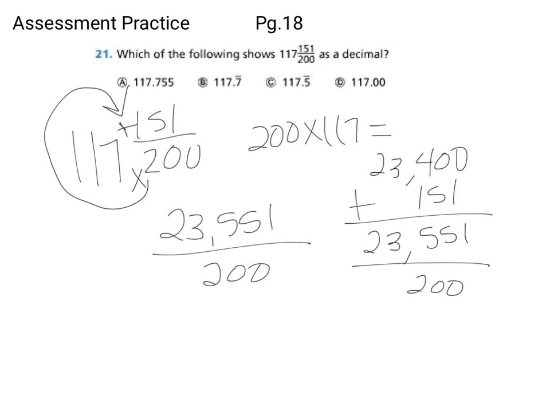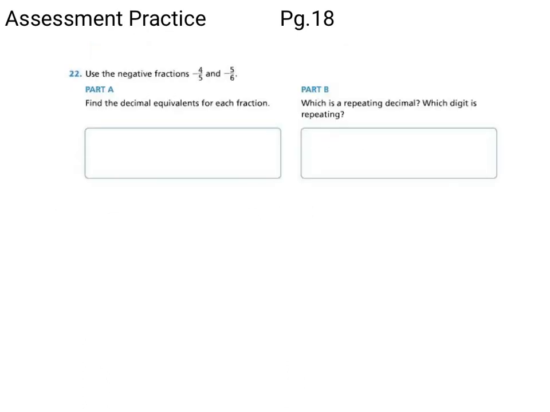So 23,551 divided by 200 is 117.755. So A. Okay, the last one. Use the negative fractions -4/5 and -5/6. Part A. Find the decimal equivalents for each fraction.